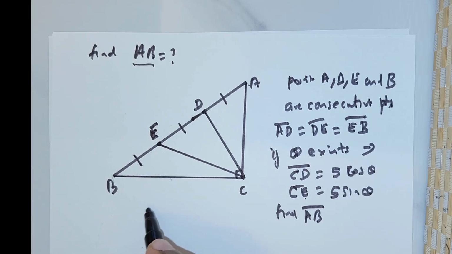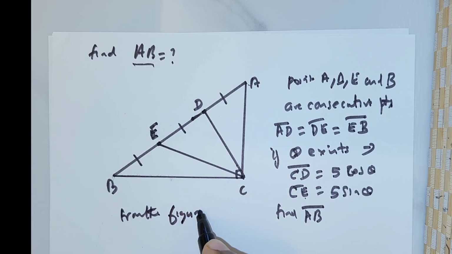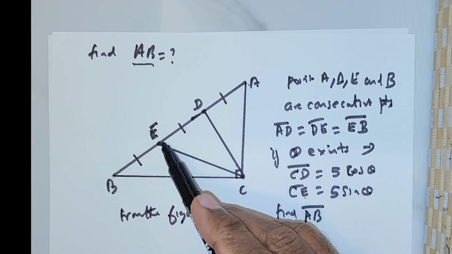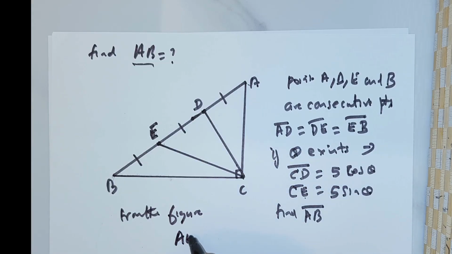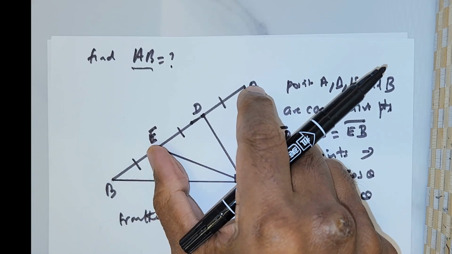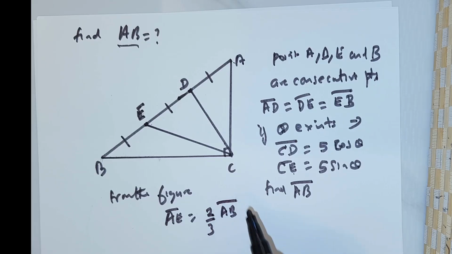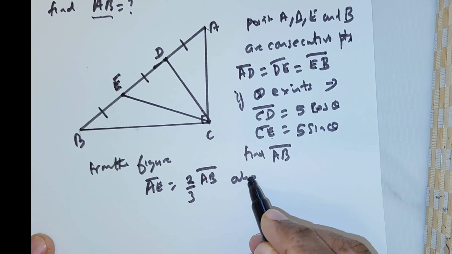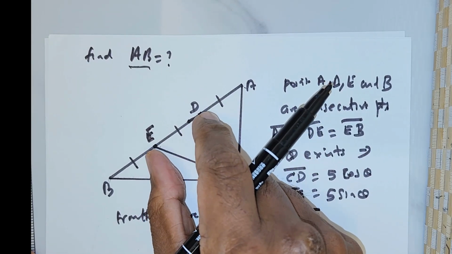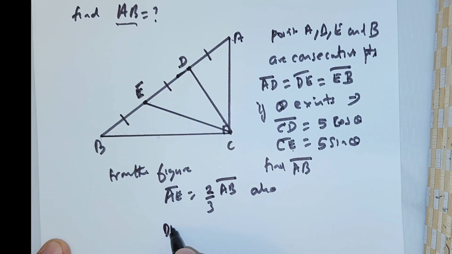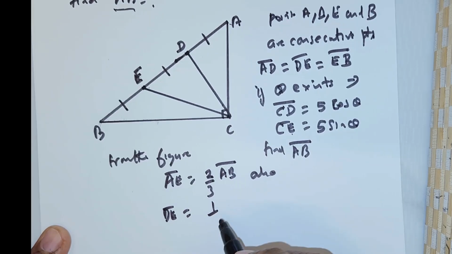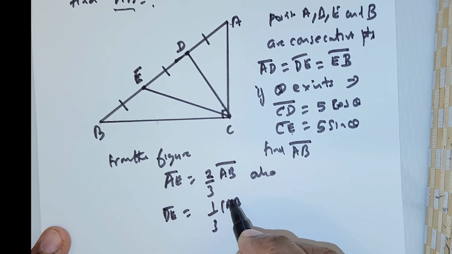Okay, from the figure, what do we see if I were to consider AE? This is the length of AE. AE is clearly 2 over 3 times AB. Also, if I were to take this as D, DE is 1/3 the distance of AB.